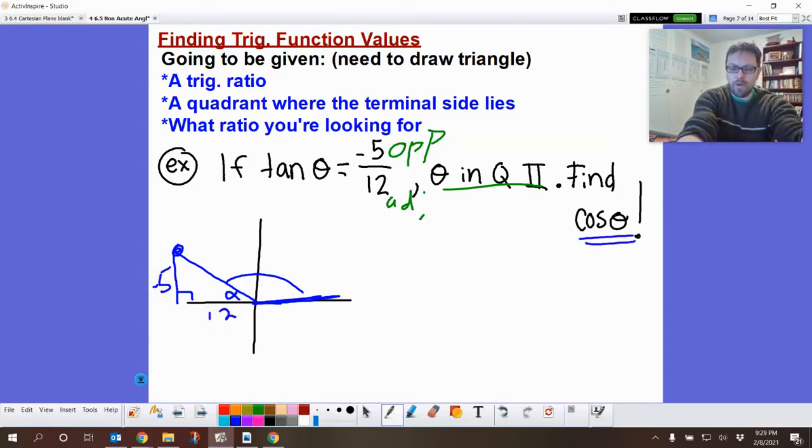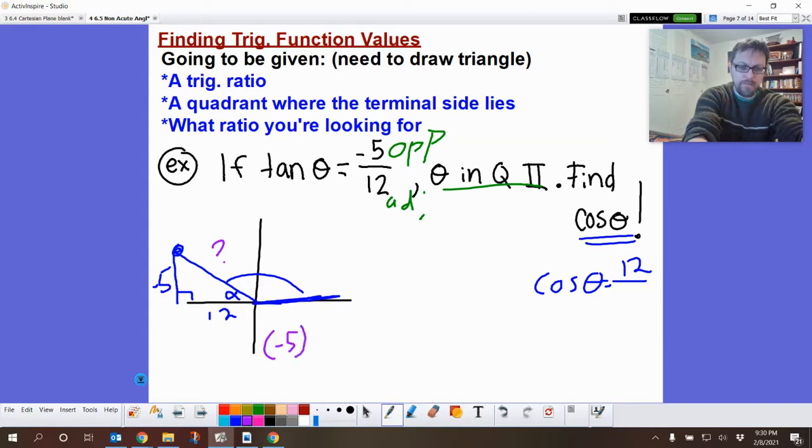I want to figure out what cosine is. So cosine of theta is the opposite side. Ooh, I know what that is. I'm sorry, it's the adjacent side. Ooh, I know what that is. It's 12 over my hypotenuse. Oh, shoot. I don't know what that is. Well, that's easy. I can do a Pythagorean theorem.